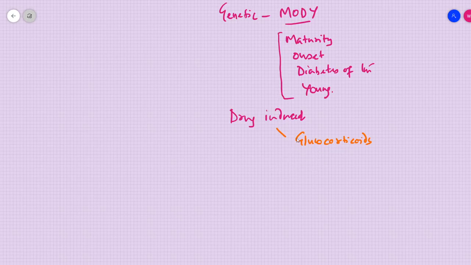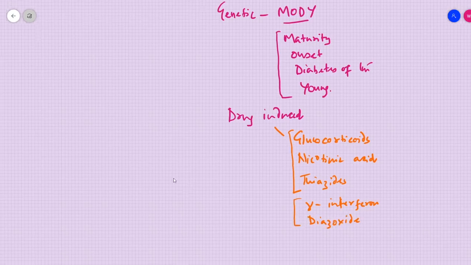Then there is nicotinic acid, and thiazide diuretics. And then there are other drugs like gamma interferon and diazoxide. These also increase the blood glucose.